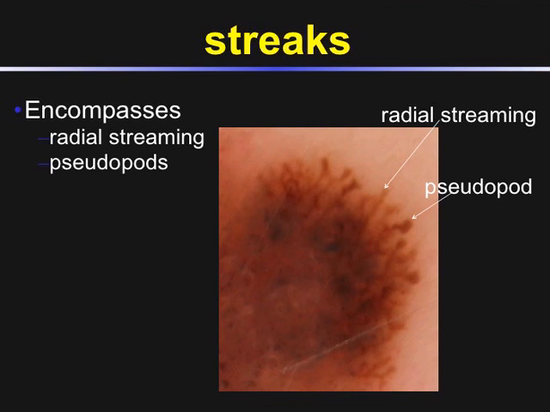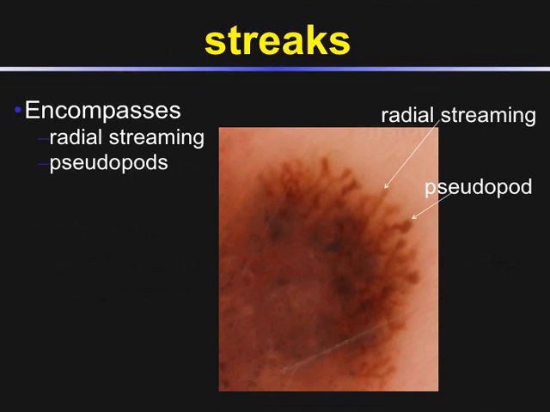Radial streaming was a sort of a straight line going out into normal skin without a bulbous ending, and if it had a bulbous ending, then it was called a pseudopod. Basically, on a histology level, they represent the same structure, and therefore these two terms have been abandoned for one term that we now call streaks.